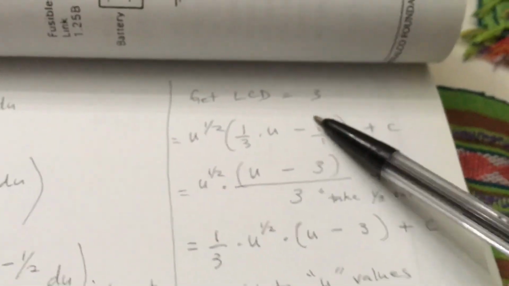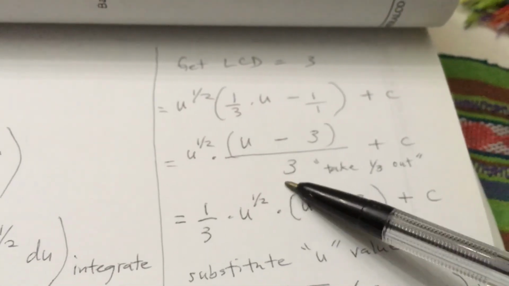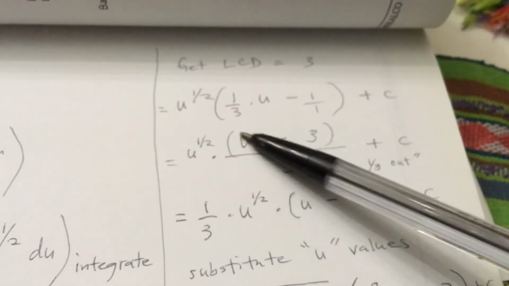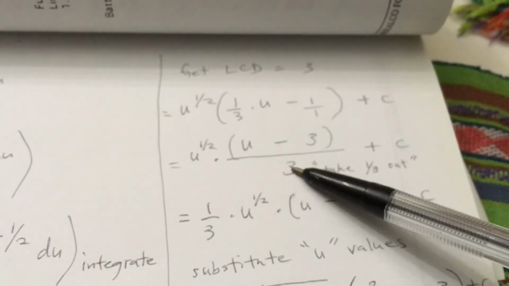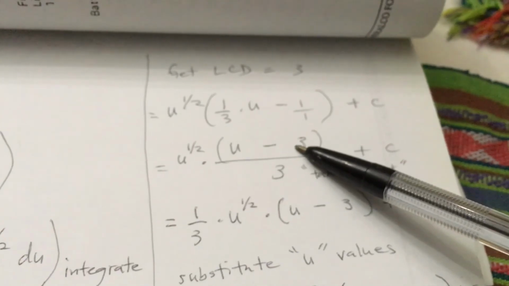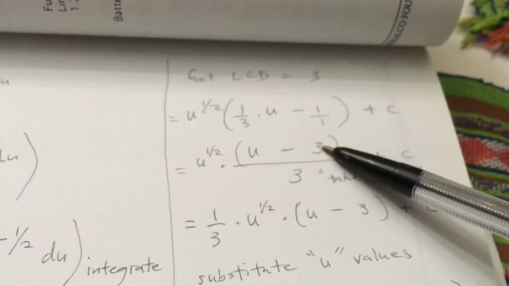In this step, get the LCD. What is the LCD? The LCD is 3. You divide that. 3 divided by 3, 1 times u. 3 divided by 1, that will be 3 times 1, that will be 3. This will be the result.